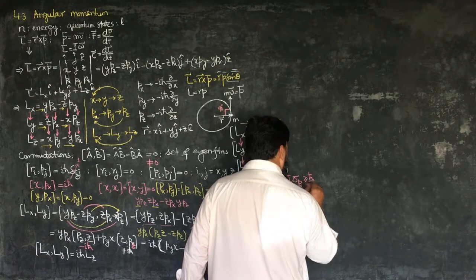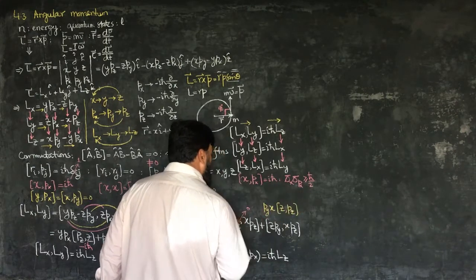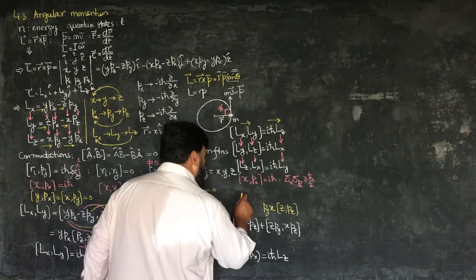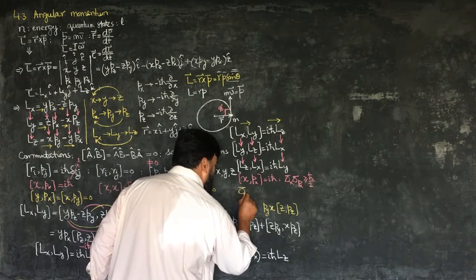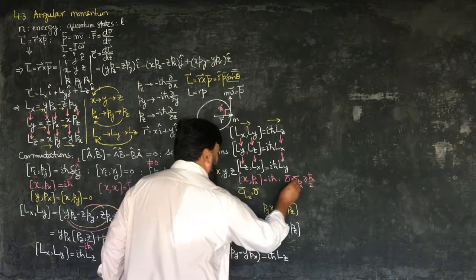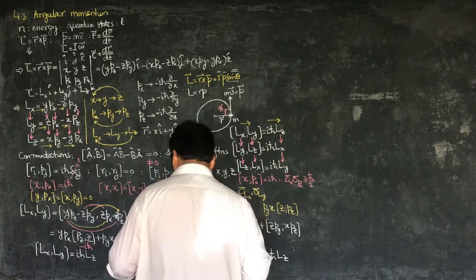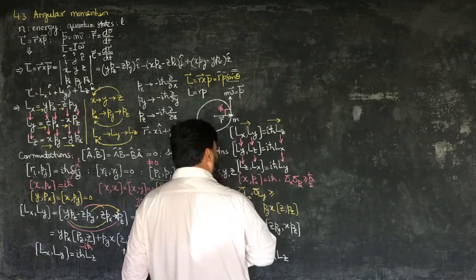And if I go with this terminology, then I can write the uncertainty principle for the angular momentum: sigma in Lx with sigma in Ly will be greater or equal.